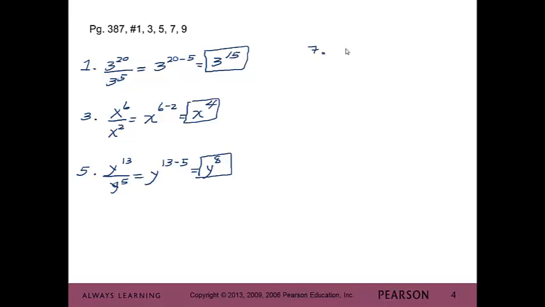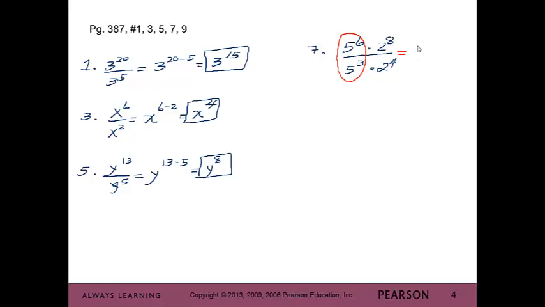For number 7, we have 5 to the 6th power times 2 to the 8th power, all divided by 5 to the 3rd power times 2 to the 4th power. So this time we have multiple bases, so let's start with just the 5s. We're just going to isolate only the 5s, so 5 to the 6th divided by 5 to the 3rd.